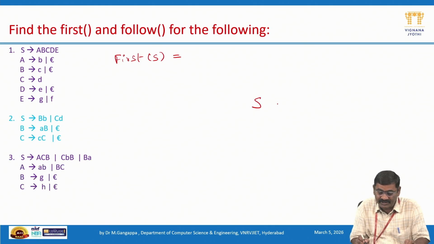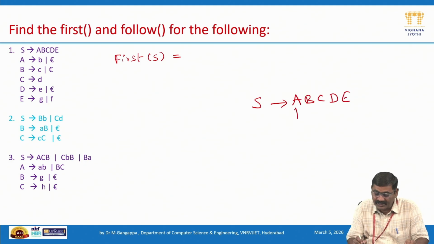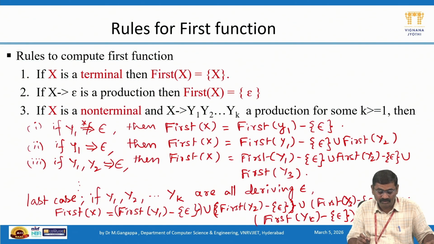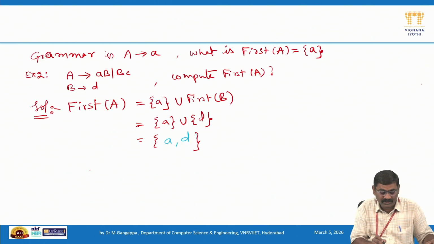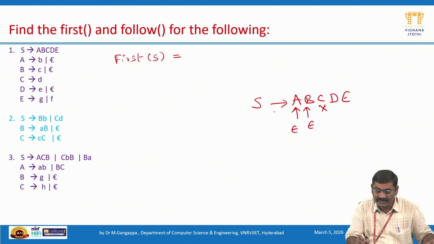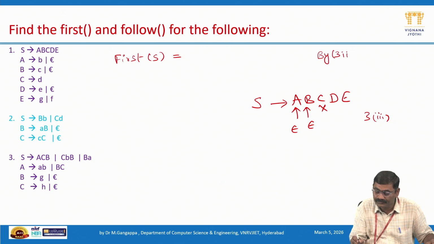Here the production is S gives ABCDE. In this case, A is deriving epsilon, B is also deriving epsilon, but C doesn't derive epsilon. Therefore, what should we do? Y1 and Y2 both are epsilons, so by rule 3.3 we can compute first of S.